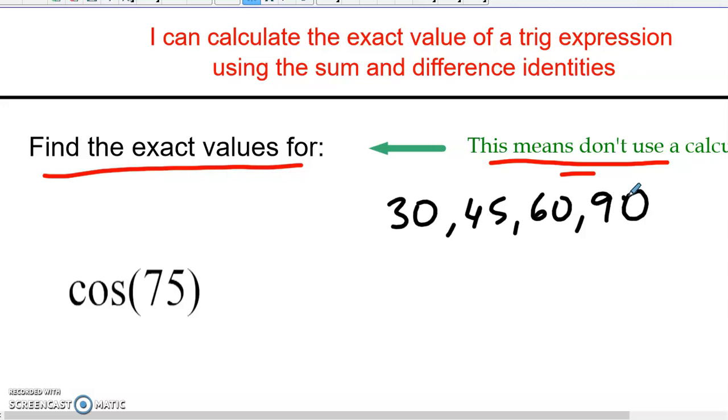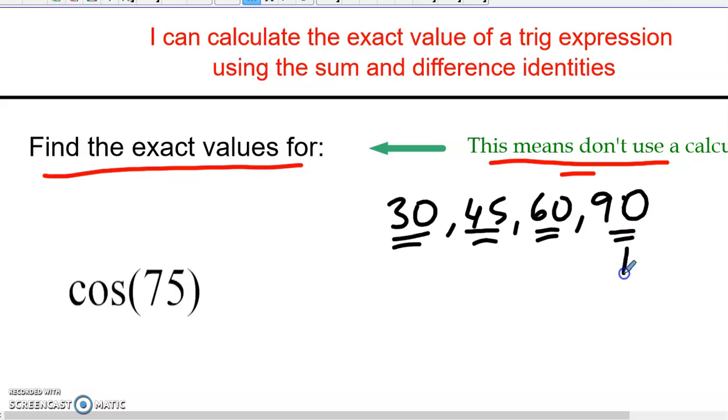If it's a very small negative angle, keep adding 360 until you get, once again, something that's between 0 and 360, and then you should be able to use this method. So why did I write these values? We know the sine and cosine of those, and we can always get the sine and cosine of these by drawing triangles, or the 90 is right on the unit circle.